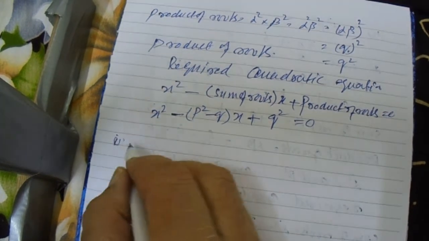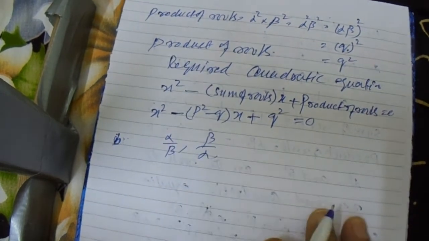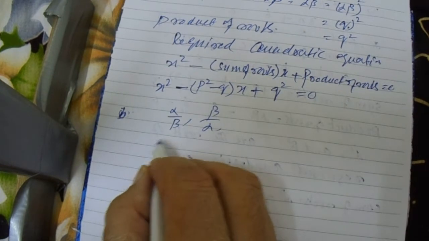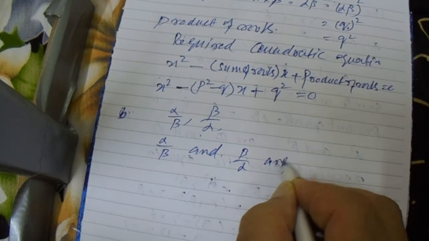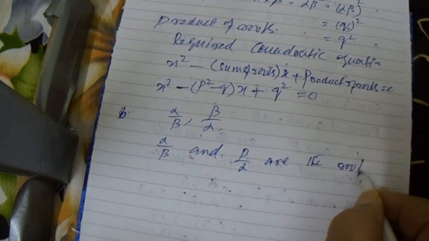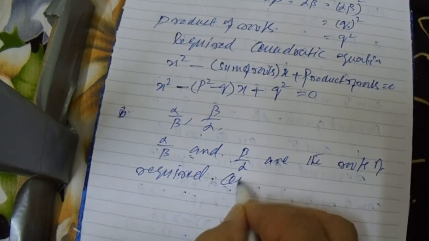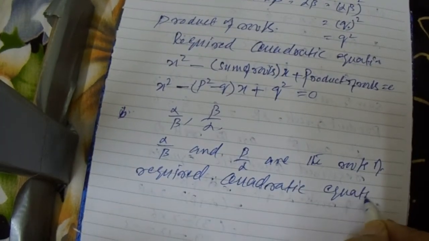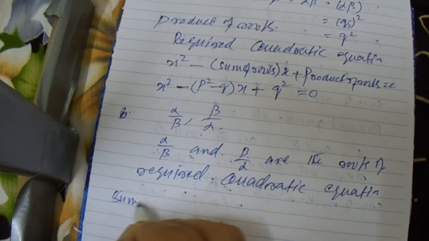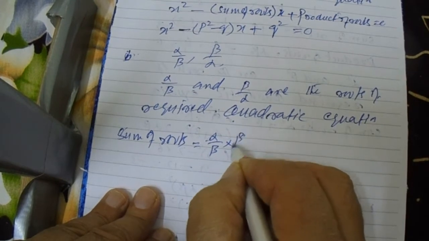Second part, B: alpha over beta and beta over alpha. Now alpha over beta and beta over alpha are the roots of the required quadratic equation. Now sum of roots is equal to alpha over beta plus beta over alpha.